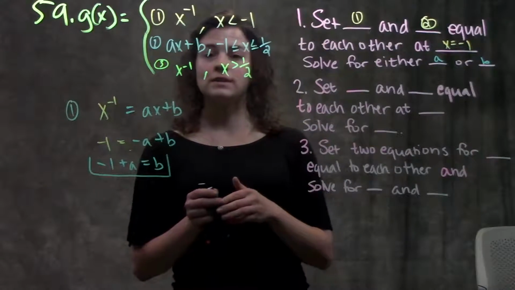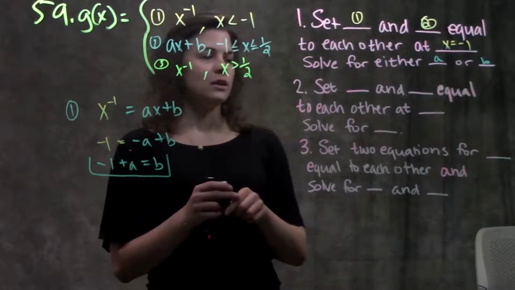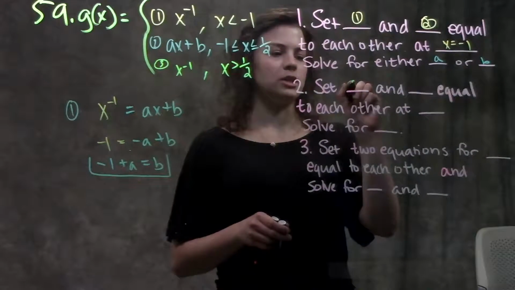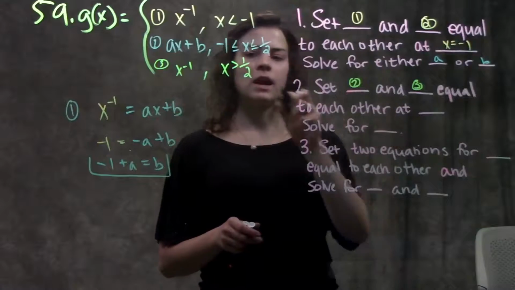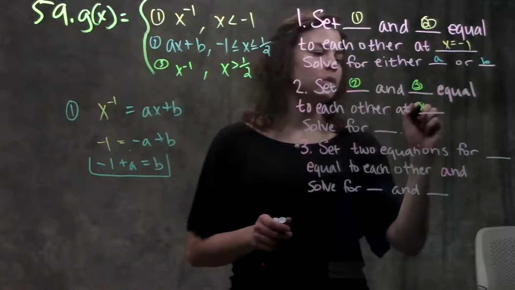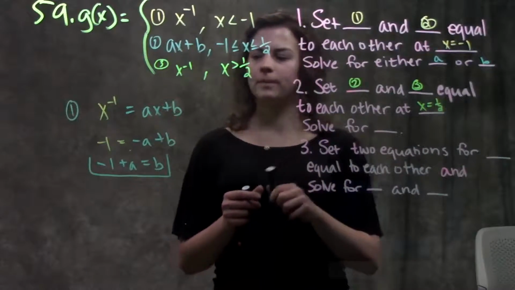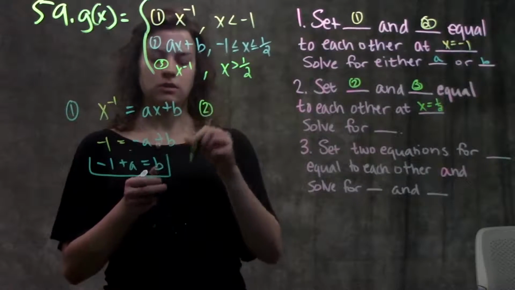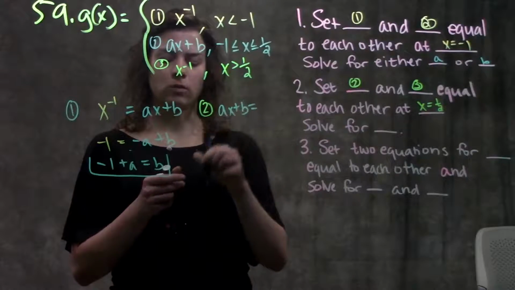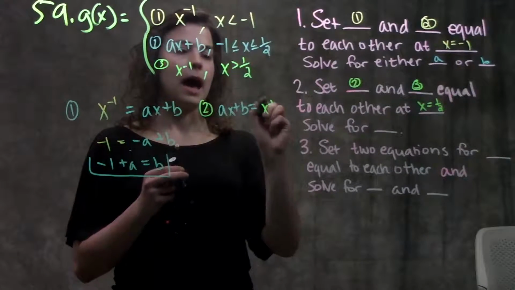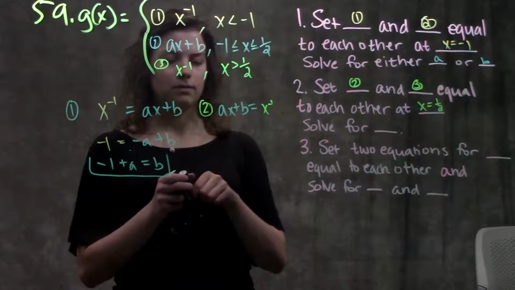Step two, we're going to do the same thing with the next set of equations. So in step two, we're going to set equation 2 and equation 3, these two, equal to each other at the x value where they switch off, which is at x equals 1/2. All right, so step 2, I have ax plus b is equal to x to the -1. I plug in my x equals 1/2 into both parts.